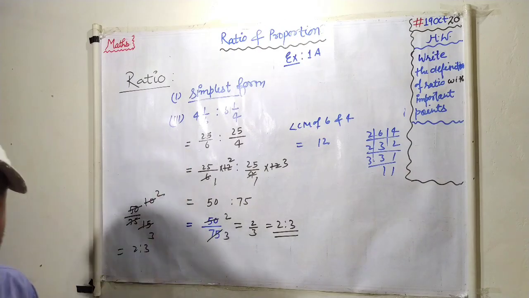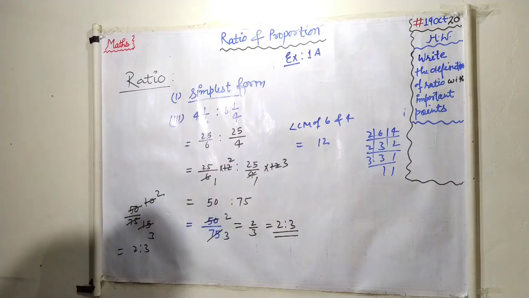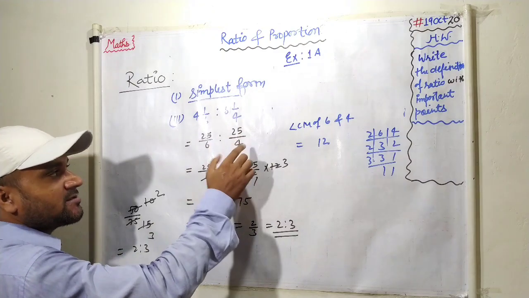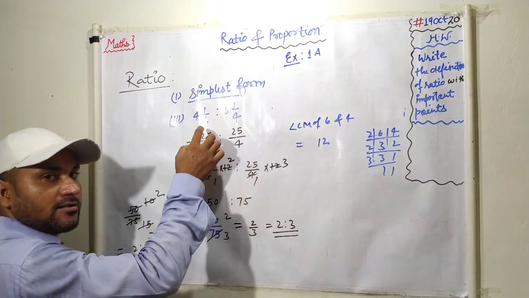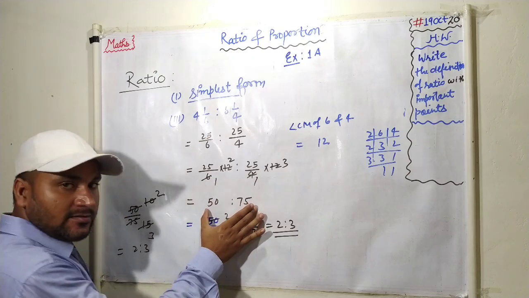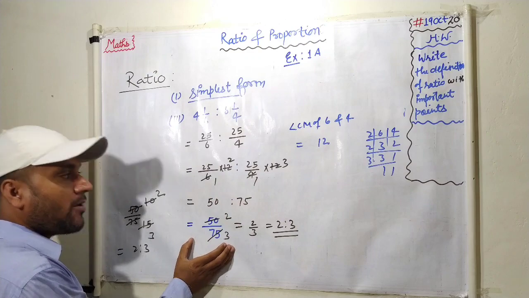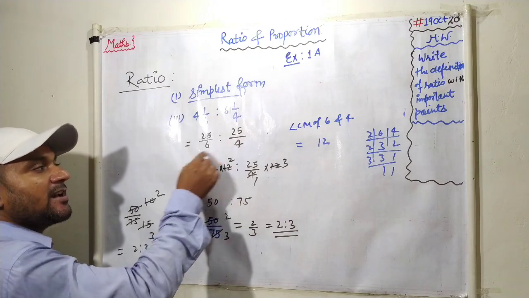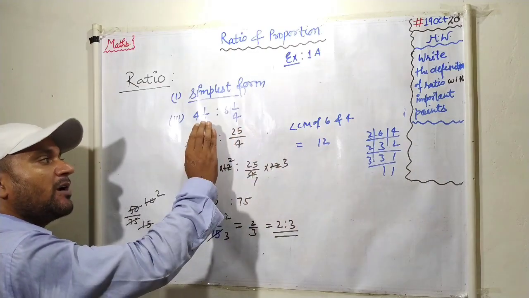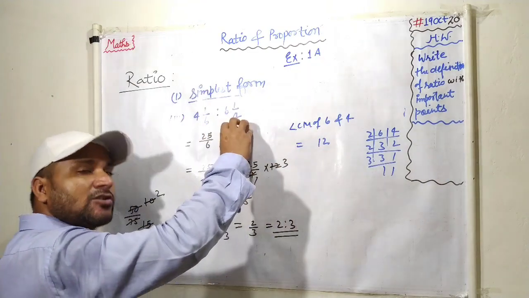And very important, if you are getting this type of ratio, first your aim is to change the consequents in the numerator and denominator. First you change it into this format, and then after you will write it in fractional form. How will you change it? By taking the LCM of these numbers, and whatever LCM you get, by that LCM you will multiply the given antecedent and the consequent.